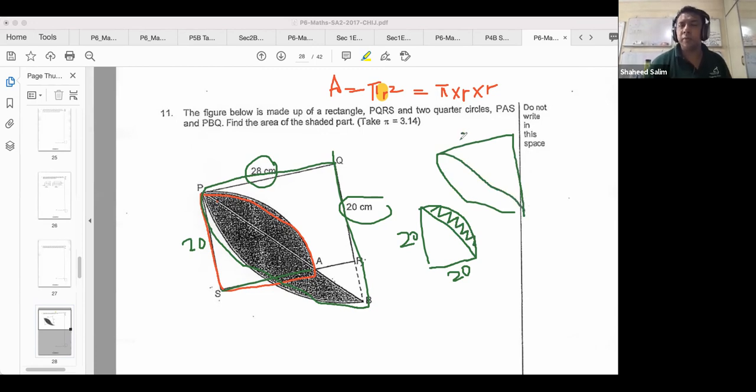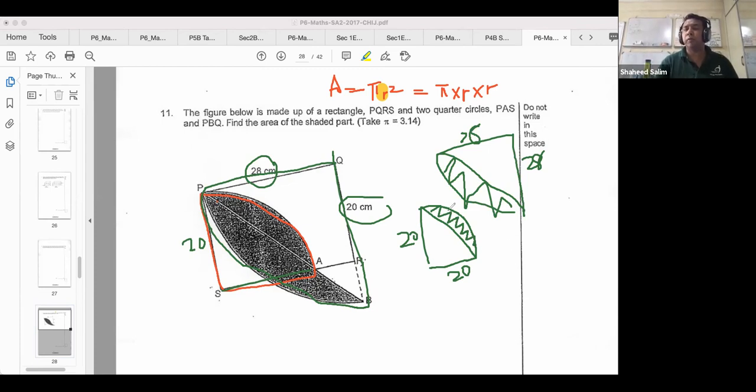This one 28. Okay. If this one you do not know how to do, find quadrant minus triangle.